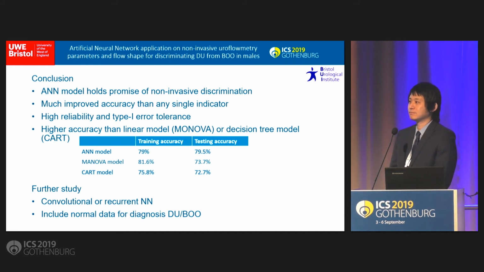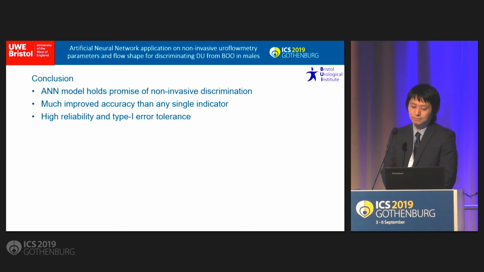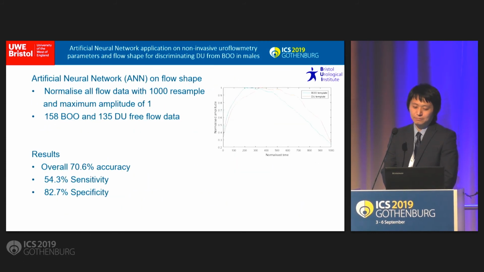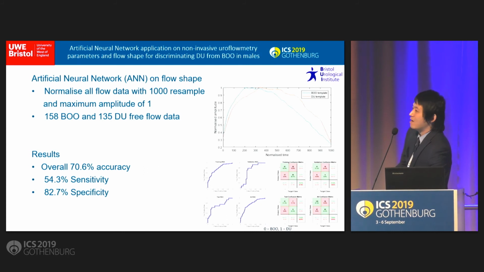Next question, please. Why did you choose to normalize for Qmax instead of normalizing for volume? I would think that by normalizing for Qmax, you tend to lose the variability in the pattern of the flows. Well, actually, we have been trying to not normalize Qmax. We also tried to only normalize the volume time. The results get much better accuracy, so we have kept that.